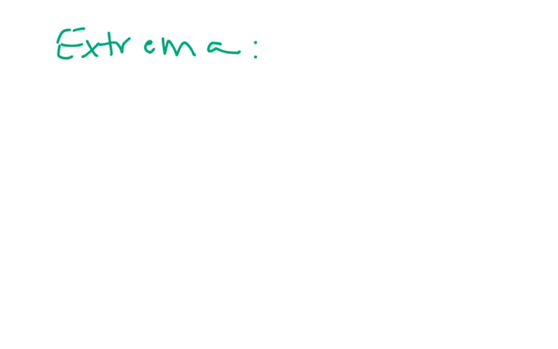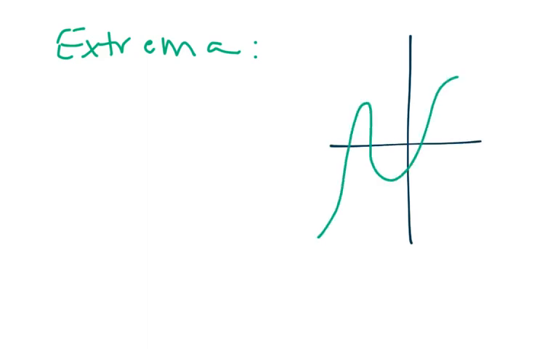But again, absolute would mean the absolute minimum or maximum. So either way, if you look at an image of some sort of polynomial, this right here would be your extrema. And so would this, and so would this. Okay, so those are all extremas.